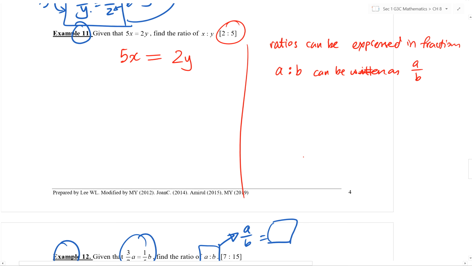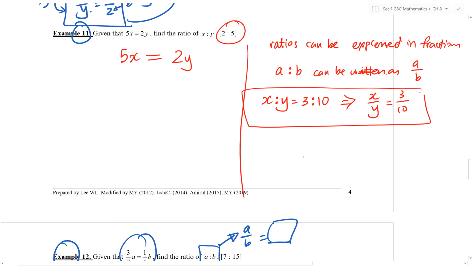Okay, so if we say x to y is equals to 3 to 10, for example, x to y is the same as 3:10. We are saying that x over y is equal to 3/10. This is an equivalent form of writing ratios, and this is our key to be able to solve this type of question, and it will always come out for your exams.